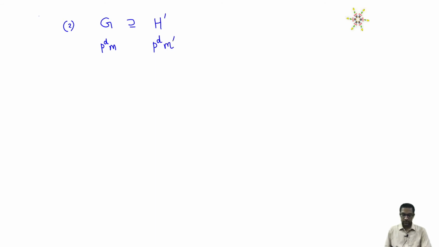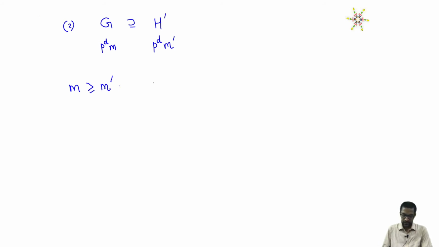Now observe, this G is of course bigger than H dash. H dash is a subgroup of G. So observe certainly that m has to be greater than or equal to m dash, because the cardinality of H dash is less than or equal to the cardinality of G. But in fact this is strictly smaller.